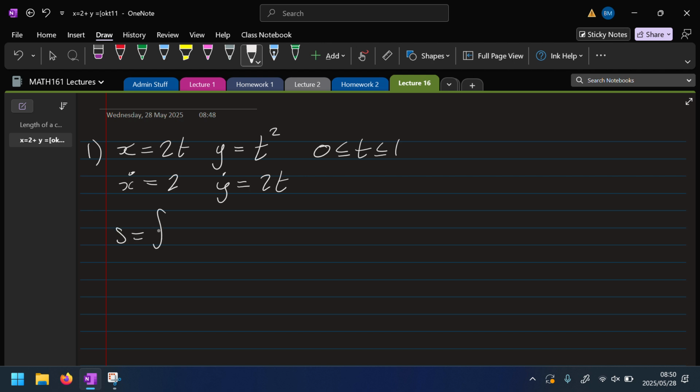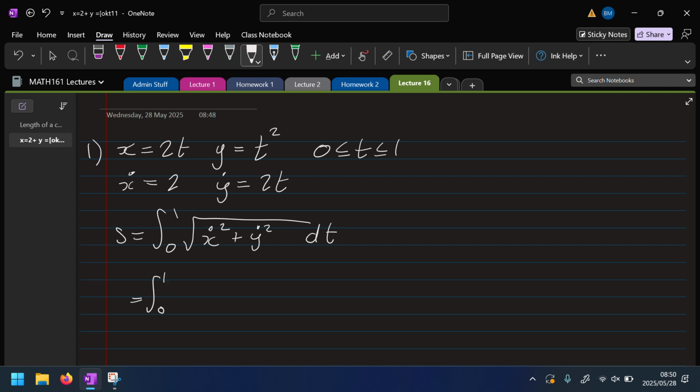So s is equal to the integral from 0 to 1, since the t values go from 0 to 1, of the root of x dot squared plus y dot squared dt.